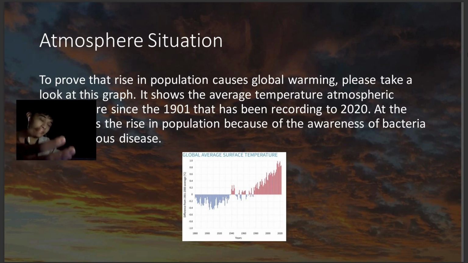And the reason for the rise in population is the awareness of infectious diseases. After the Dark Age, when we came to know about bacteria, we started to understand that humans die because of bacteria and other diseases like viruses, and because of that people found medicines to cure all those diseases.